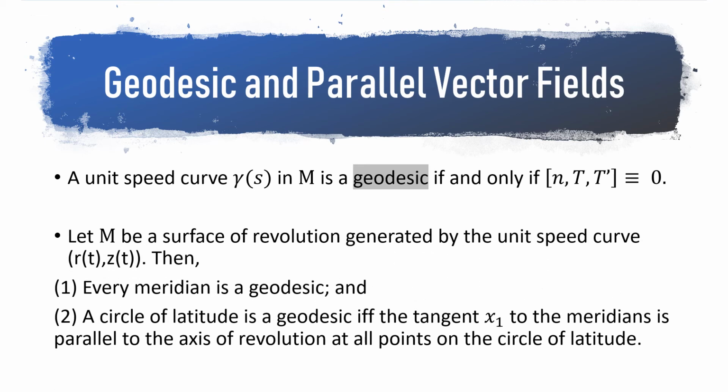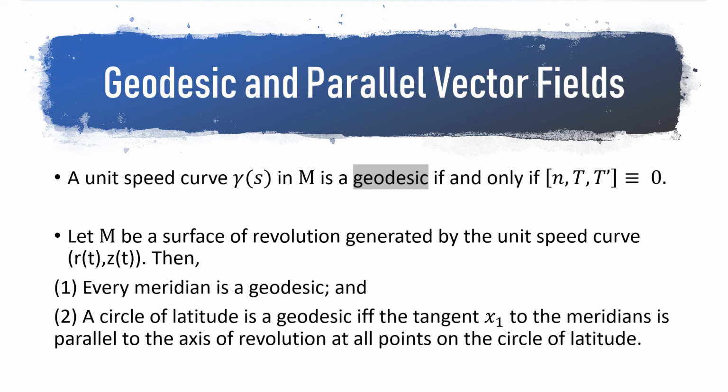Let M be a surface of revolution generated by a unit speed curve (r(t), g(t)). Then every meridian is a geodesic, and a circle of latitude is a geodesic if and only if the tangent x_1 to the meridians is parallel to the axis of revolution at all points on the circle of latitude.